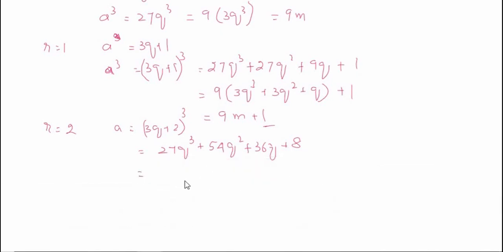Now here also taking 9 out, so 3q cube plus 6q square plus 4q, plus 8. This entire thing is an integer, so take it as 9m plus 8.